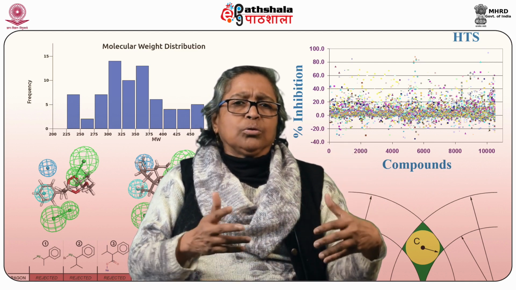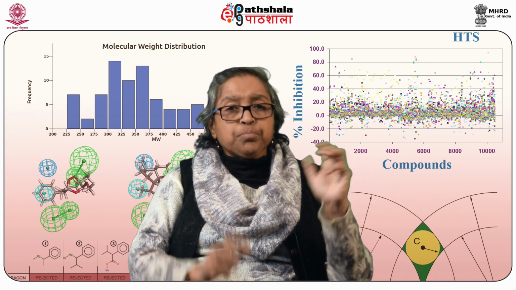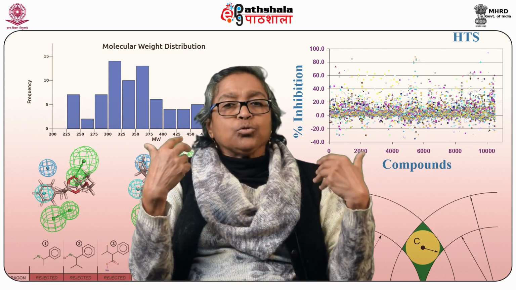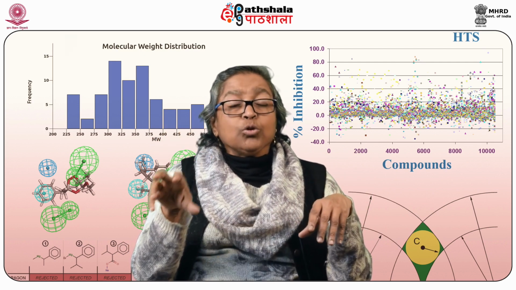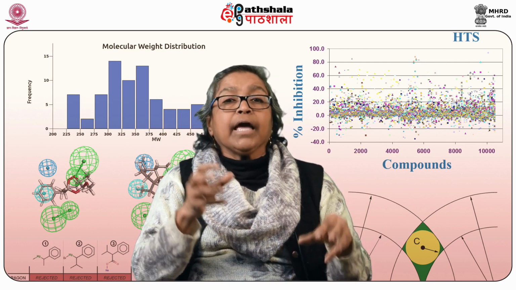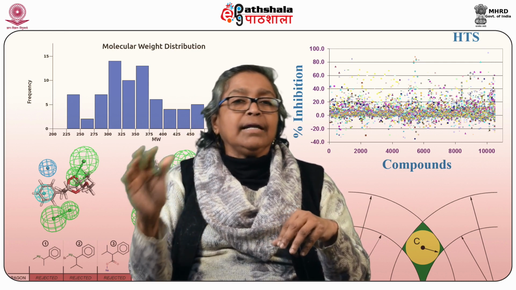We should also understand from this exercise that it is possible to suggest small MCSs, small fragments, so that medicinal chemists can very carefully design the compound when they complete the lead synthesis.